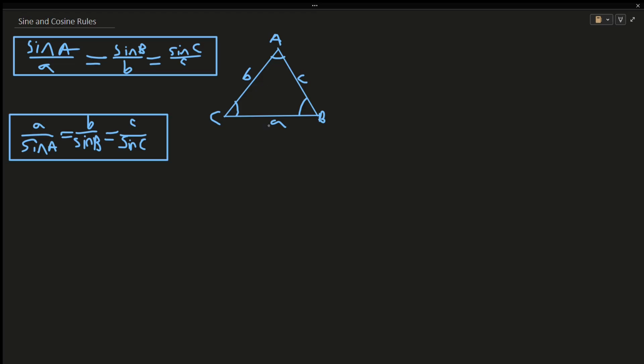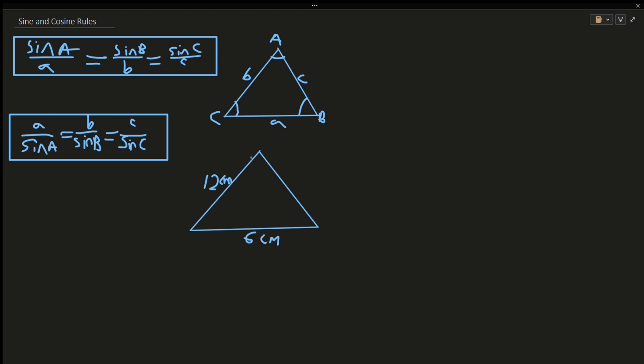Okay, so first of all, let's go through an example. Let's say we have a triangle here, and with this triangle, one side is 12 centimeters and another side is 6 centimeters.